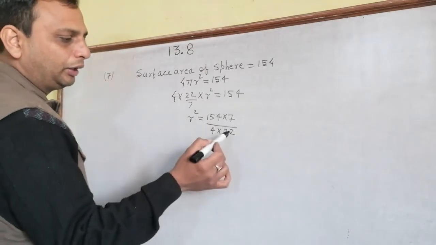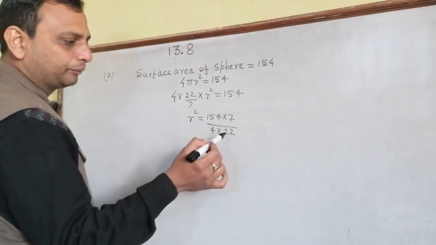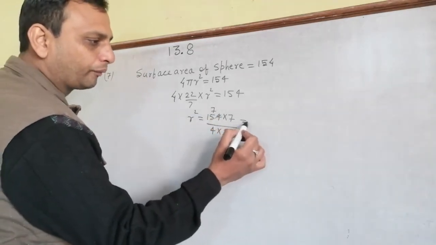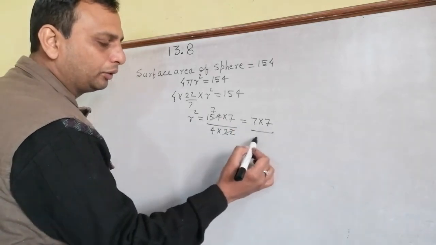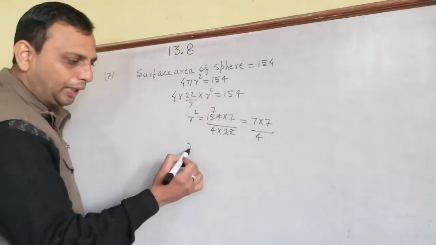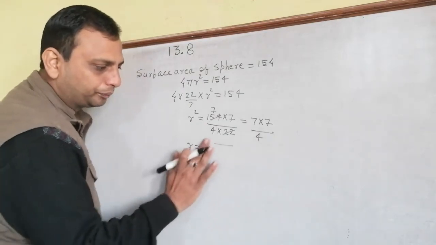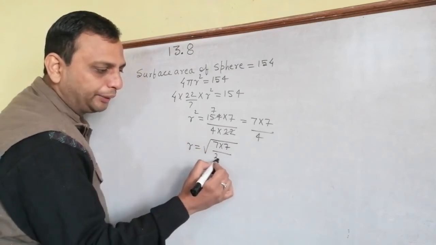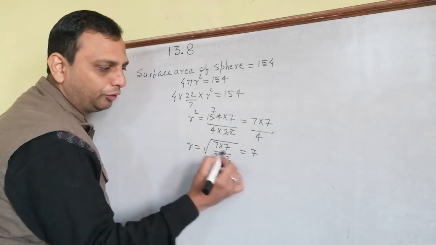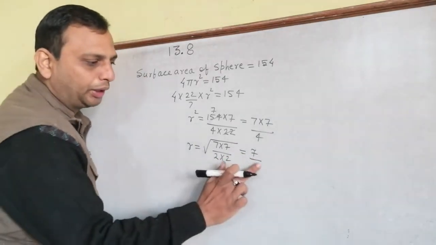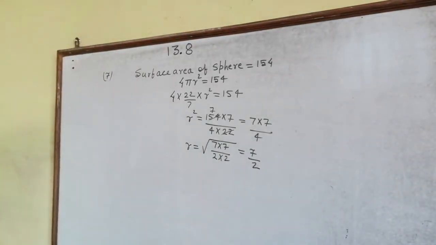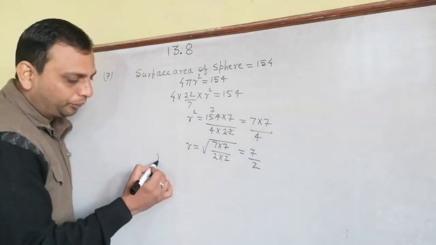So 22 will go in 154, 7 times, 7 into 7 upon 4. So r will be square root of 7 into 7 upon 2 into 2. From the root, 7 will come out, and 2 will come out. So 7 upon 2 is the radius, or 3.5. This radius we got.